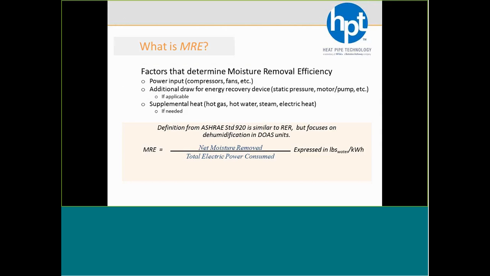If you've been listening to us talk for the last several years, you've heard us talk about a metric called RER. RER is strictly for energy recovery. It's the recovery efficiency ratio. Where effectiveness basically measures the capacity of that device, or the amount of BTUs it's able to recover, RER takes into account how much power is being added to the system to go get those BTUs.